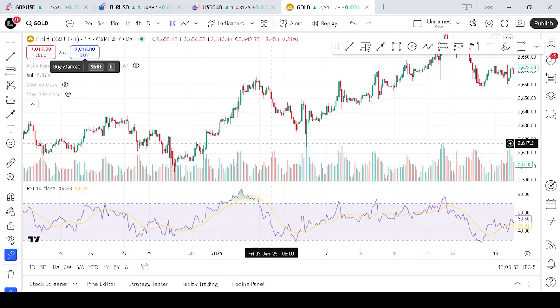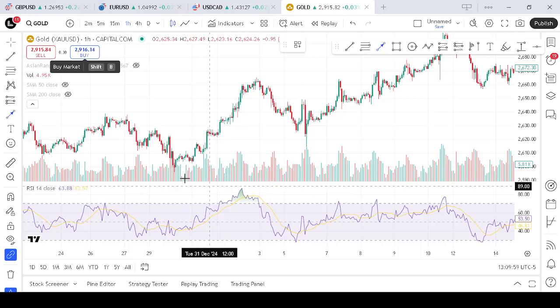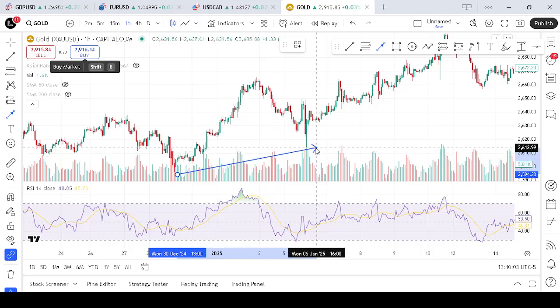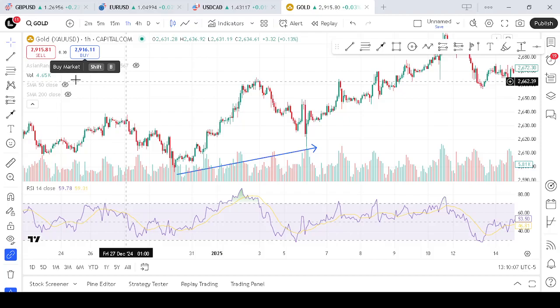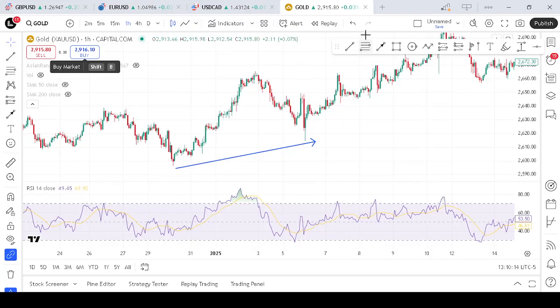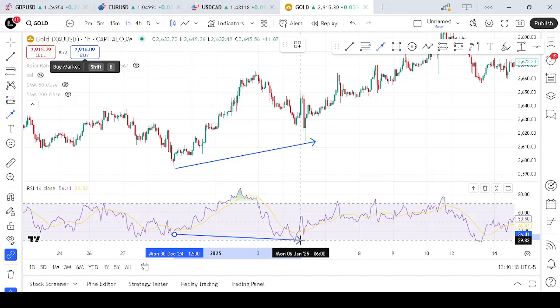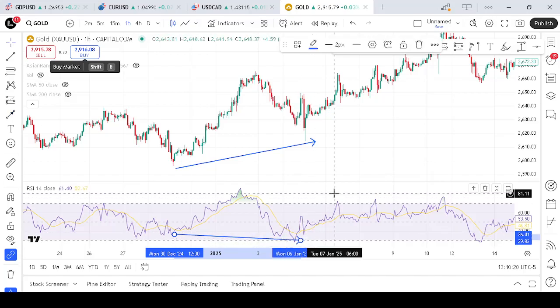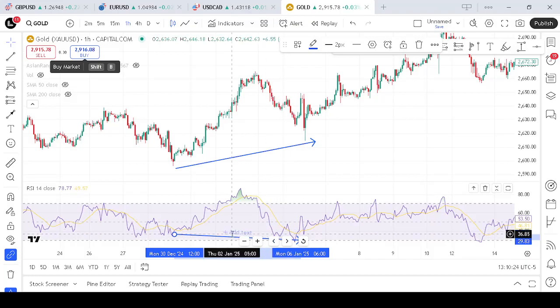Let me remove this volume. Price makes a higher low while our indicator makes a lower low. This is a divergence, and it suggests that the uptrend is likely to continue.